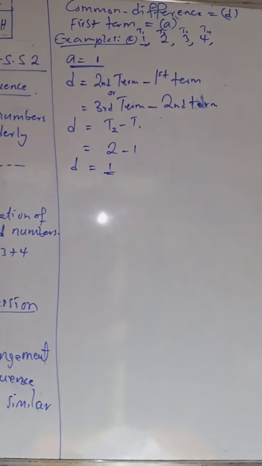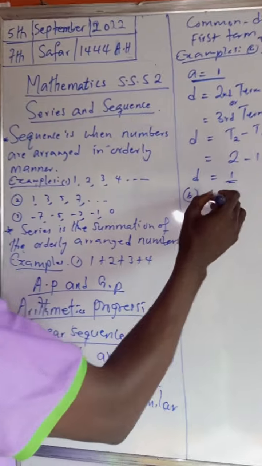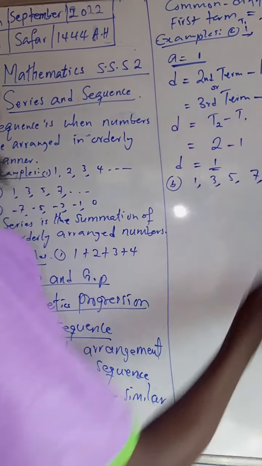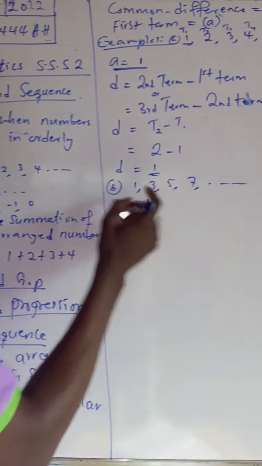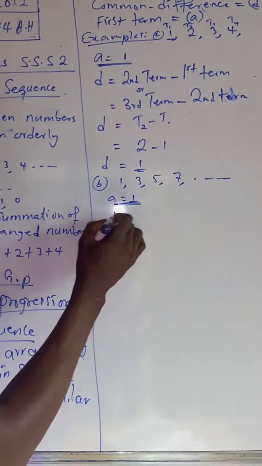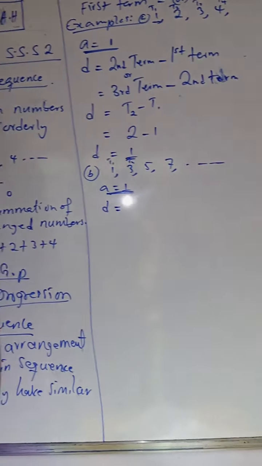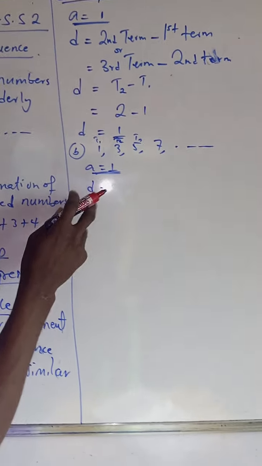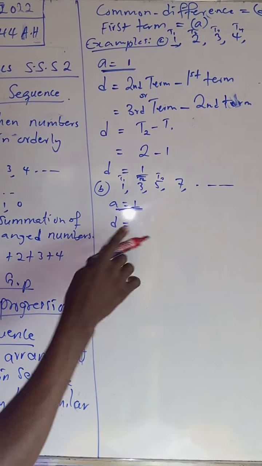So that's how to get the common difference. Let's look at it from the second series here. We have 1, 3, 5, 7, and like that. Our first term is 1. For our difference, we use the first term, second term and third term. You need to make a kind of test. The common difference is the second term minus the first term, and to confirm, the third term minus the second term.